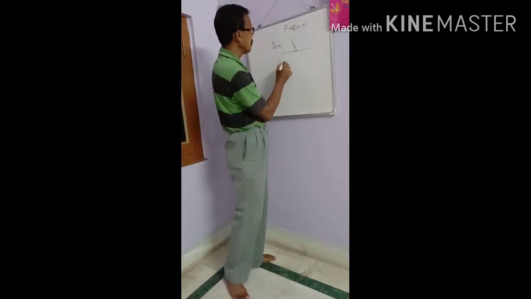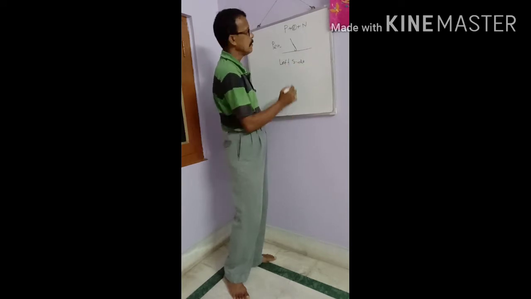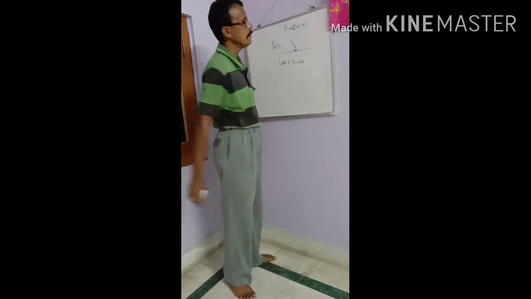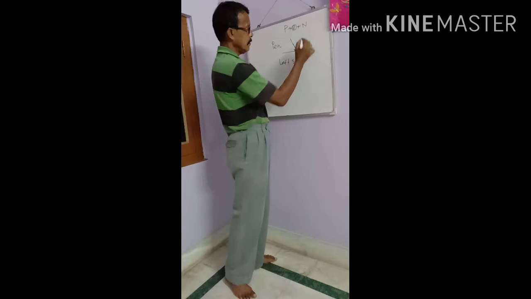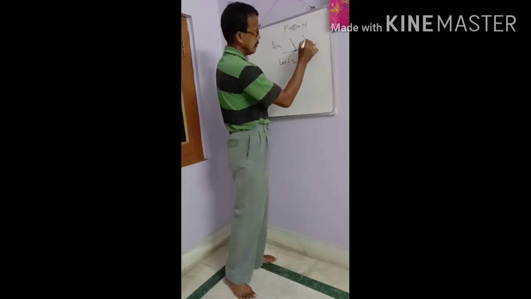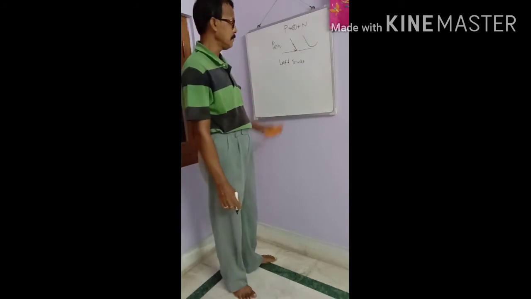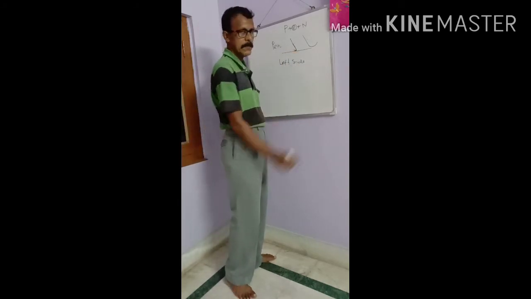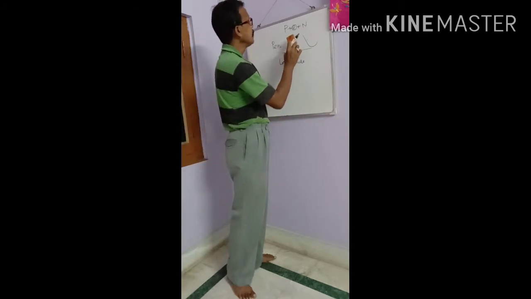When a hook is added at the left side of the stroke, it is called N. This is pen, the concise form of this. Earlier this was the pen, but now we have obtained, using the hook, this structure, and this is called pen.